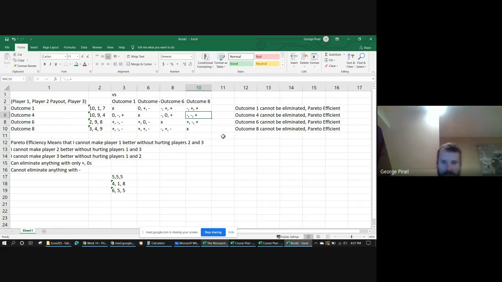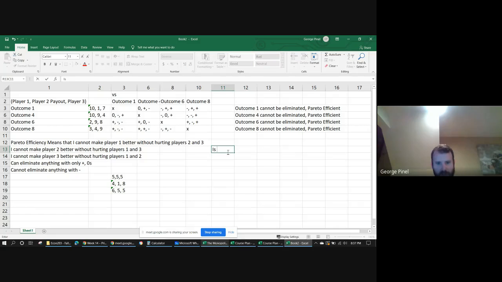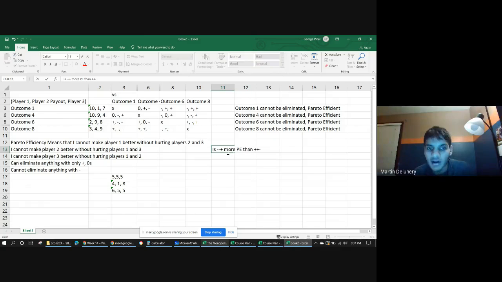Those ones where it's a negative, negative, plus, wouldn't that be more Pareto efficient than, let's say, a plus, 0, and a negative, or a plus, plus, and a negative? So the question is whether minus, minus, plus is more PE than plus, plus, negative or 0, negative, plus.